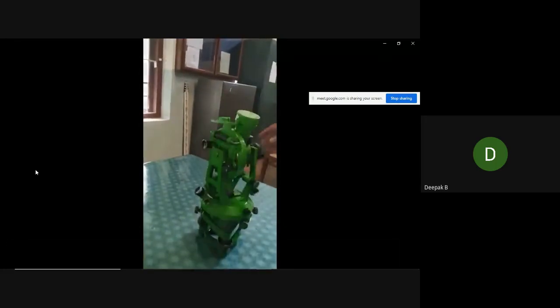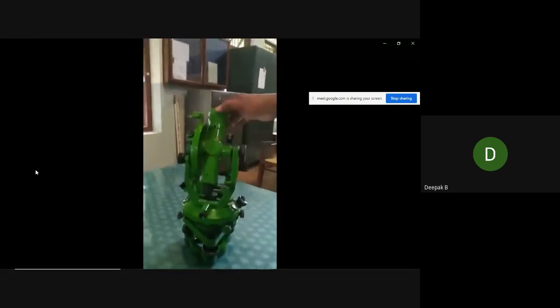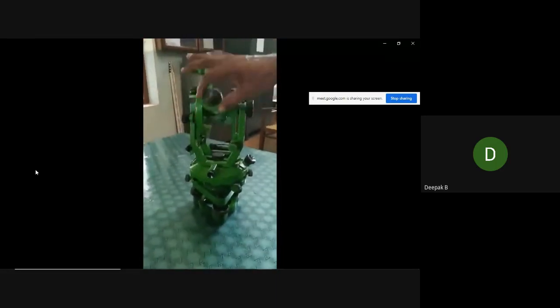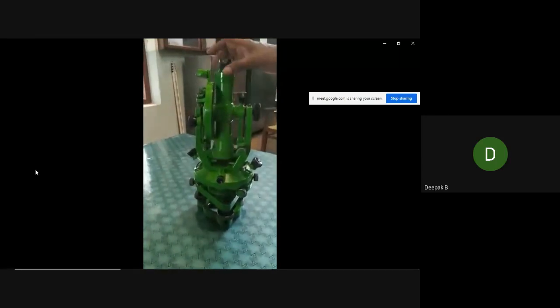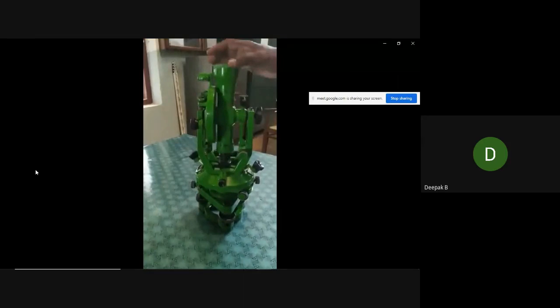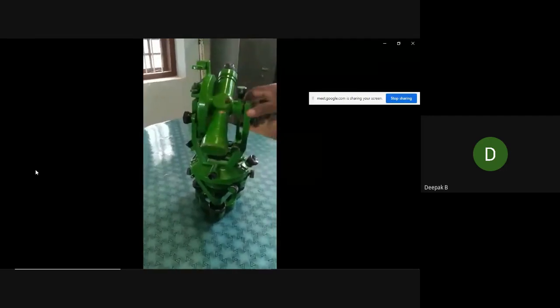There is a telescope just like in the dumpy level instrument, but the difference is that it can be rotated on the horizontal axis in a vertical plane like this, as you are seeing now. The process of rotating this in the vertical plane about the horizontal axis is known as transiting.